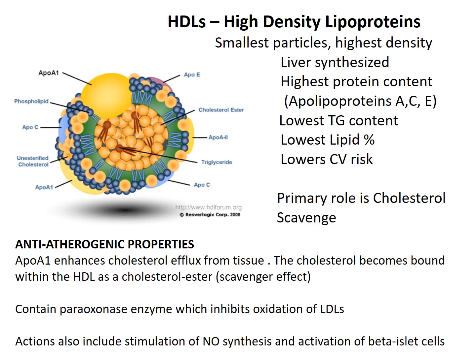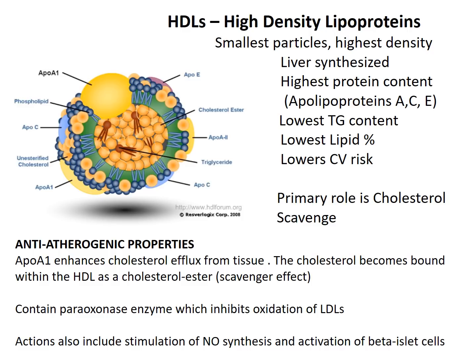HDLs also have an enzyme, look at the lower portion there, paraoxonase, and that enzyme helps inhibit oxidation of lipids. Remember, we don't want lipids to oxidize because oxidized lipids contribute to the plaquing process, so there's another way that the HDLs are protective against that plaquing process.